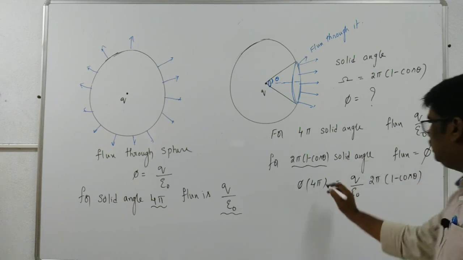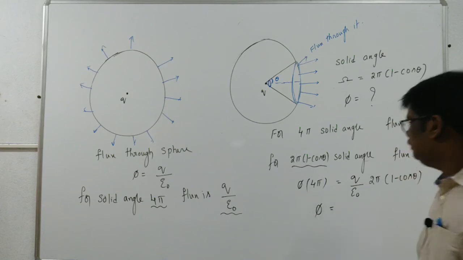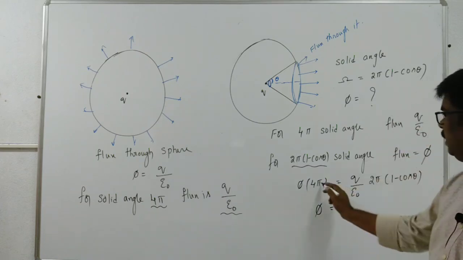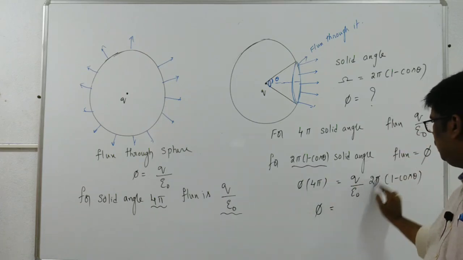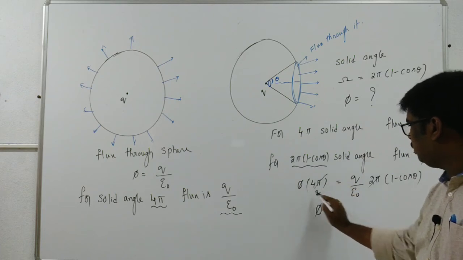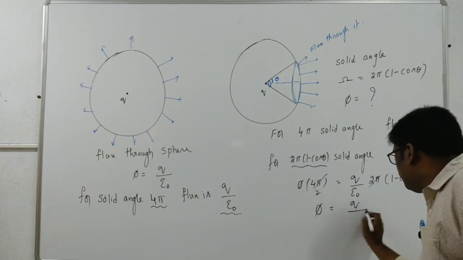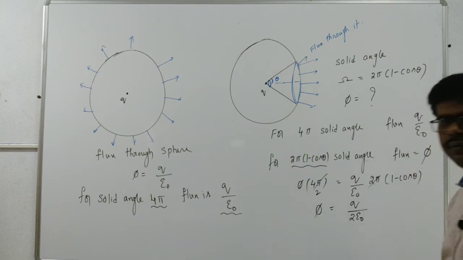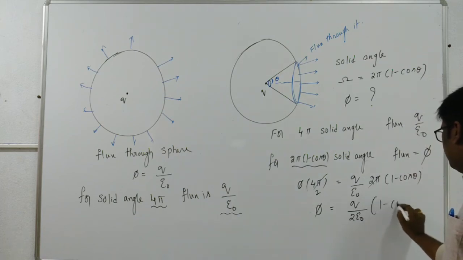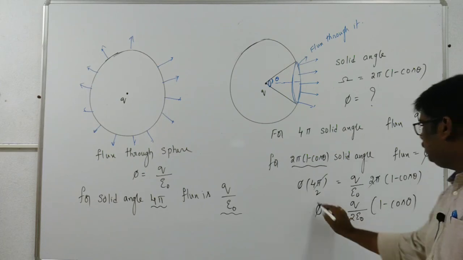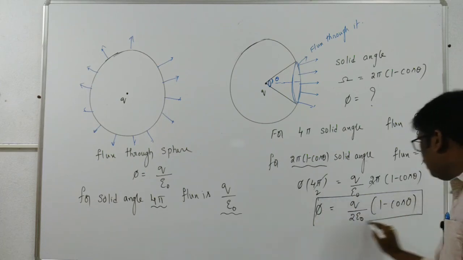Then how can you write? Phi equal to, here 2 pi and here 2 pi cancel. That 2, if you bring it here, q by 2 epsilon naught into 1 minus cos theta. So this is the flux through any part of it.